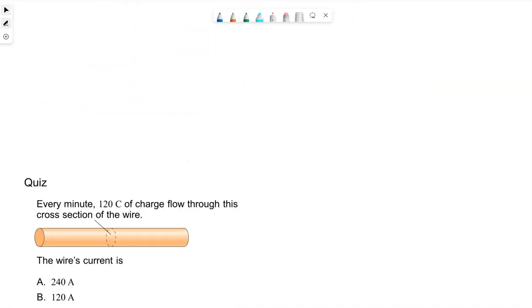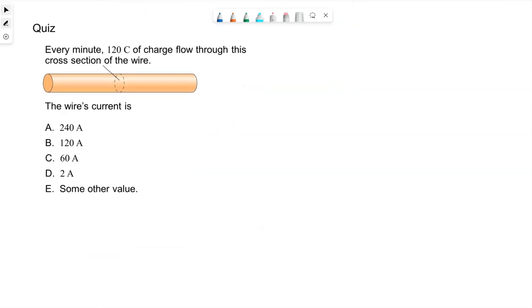Our next question right here. What do you think about this one? The correct answer is D. So current is the rate at which charge flows.